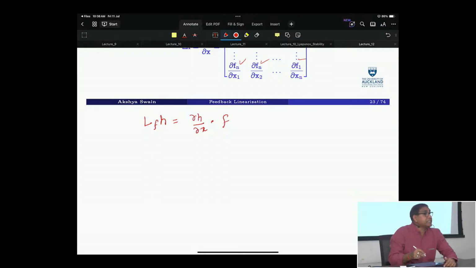This is called the directional derivative of h in the direction of f.